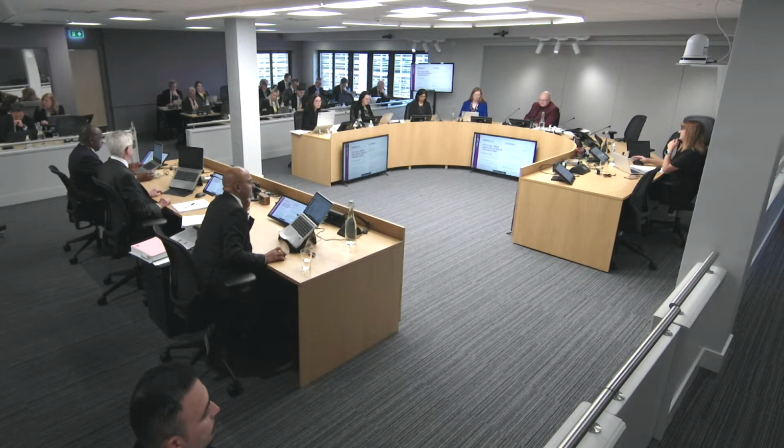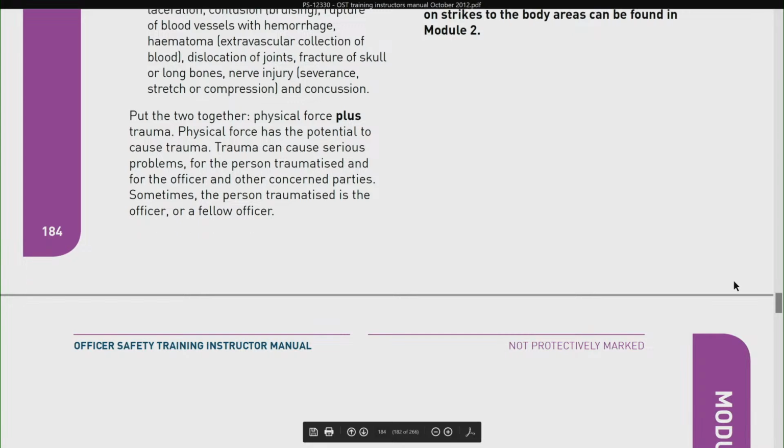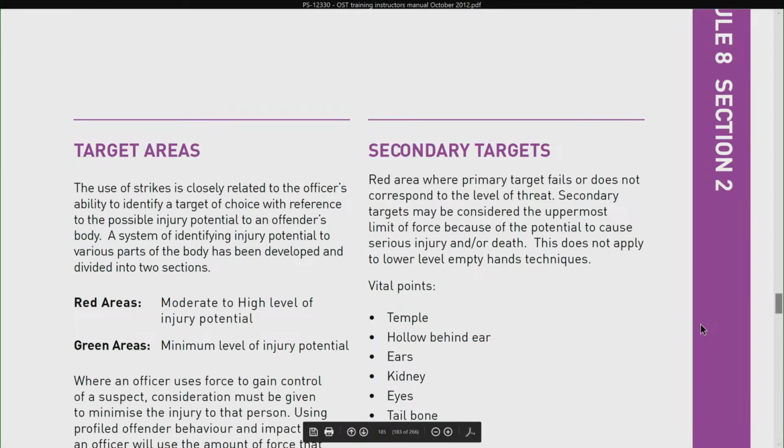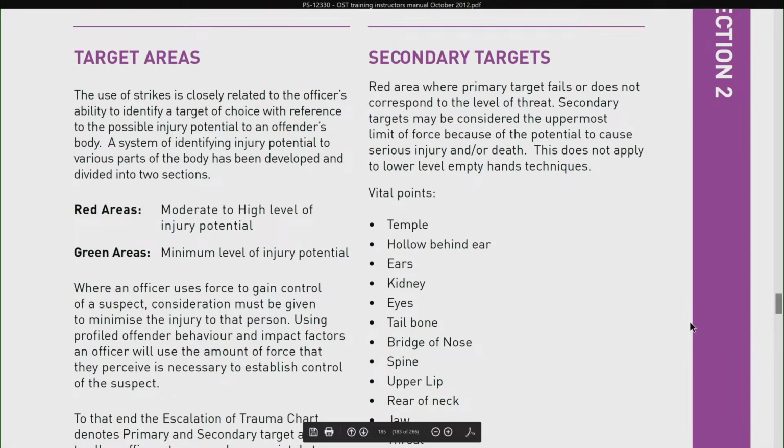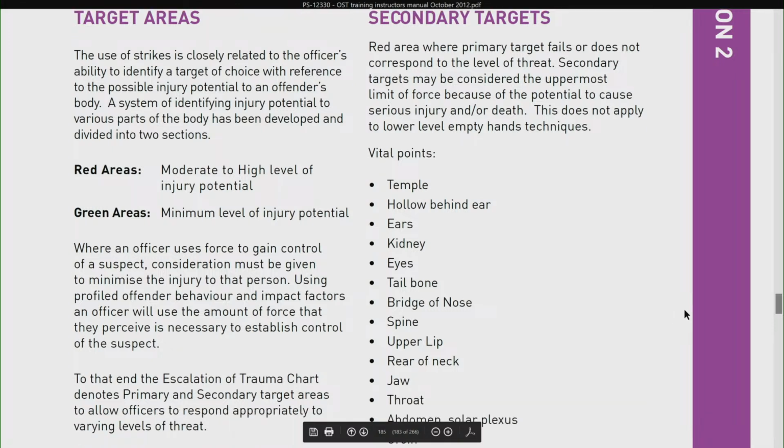And keep going, please. This is about the use of force and potential trauma. And then we come to the area of target areas, red areas, green, and the primary and secondary targets. And so that was the actual, we had the wrong manual on the screen. And I won't go into that. I think you've made your position clear on that.